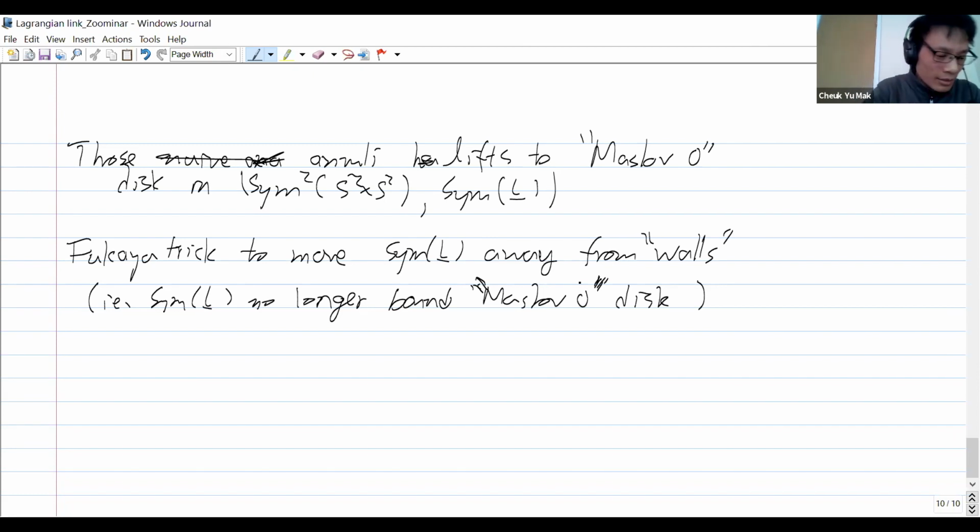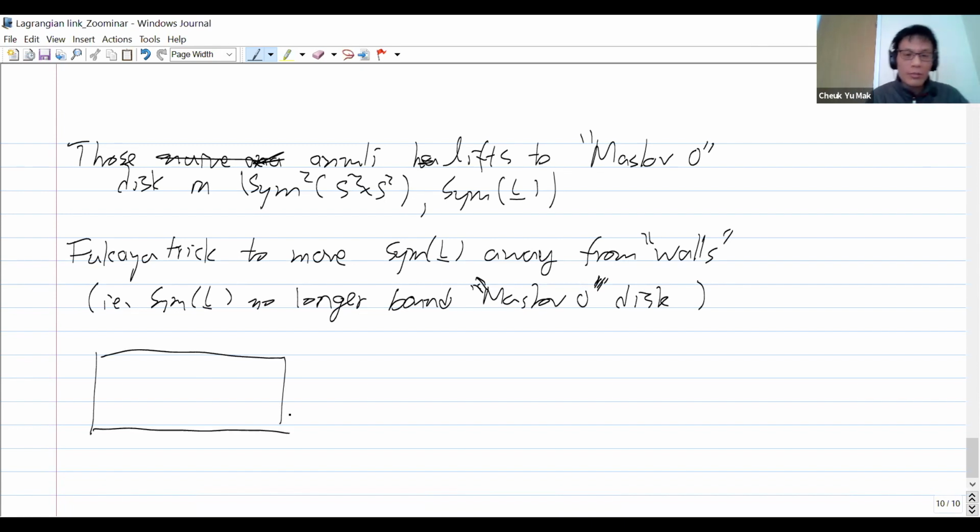But instead of giving the calculation, I would like to use a picture to illustrate what is happening in more intuitive terms. So the picture I want to use is the moment map image of this S2 times S2.